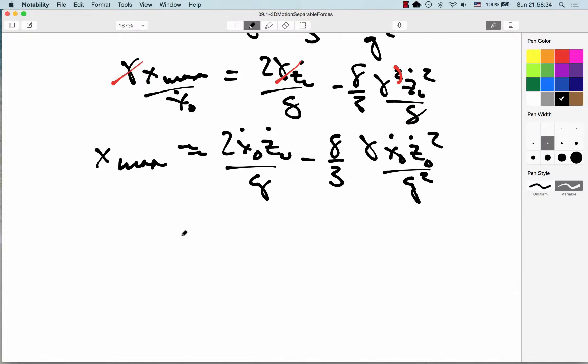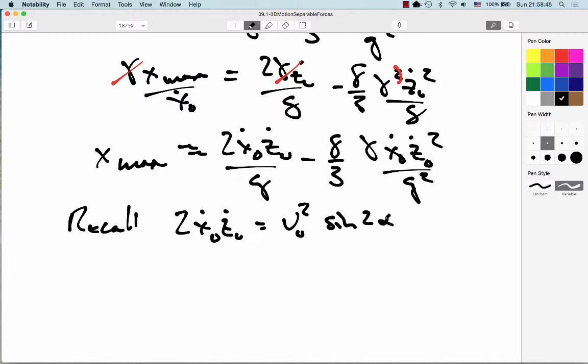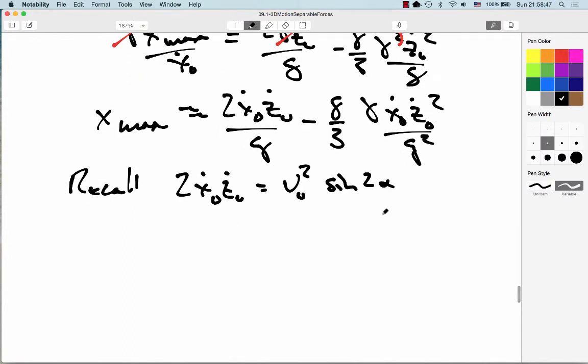Now, if you recall, we already showed that 2x naught dot z naught dot was v naught squared sine 2 alpha. And we also showed that z naught dot was just plain v naught sine alpha.